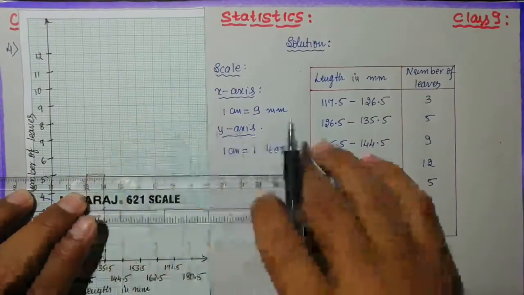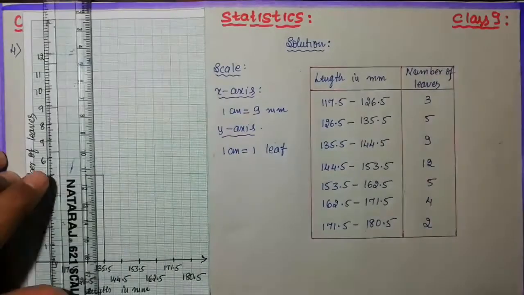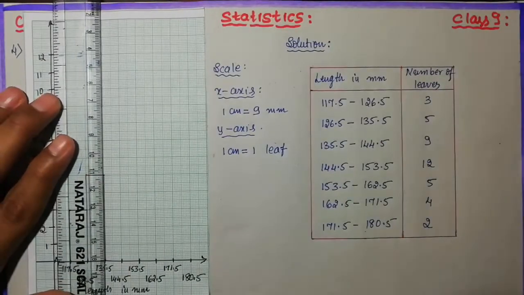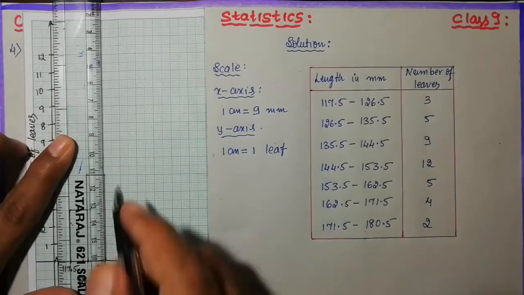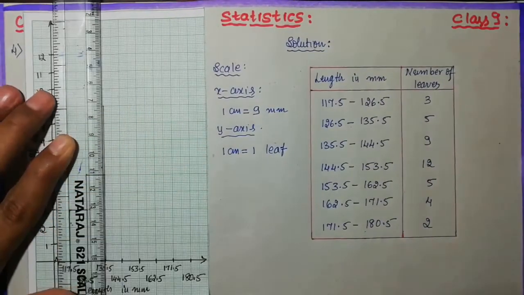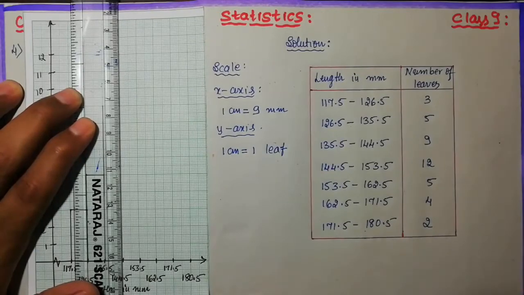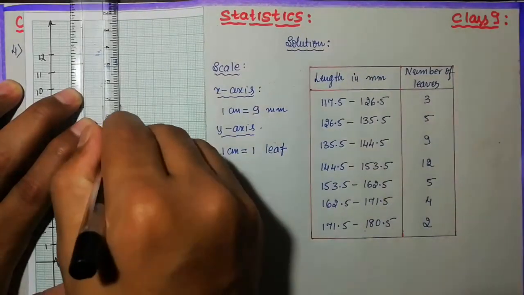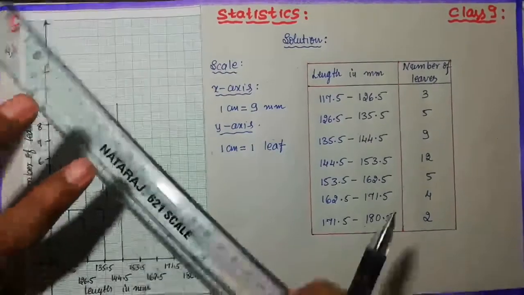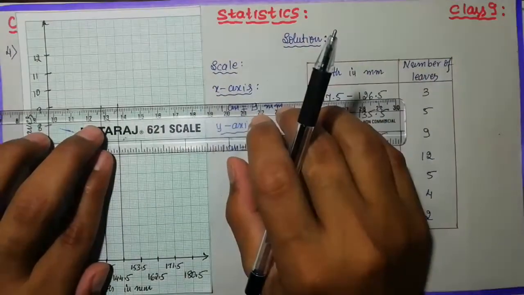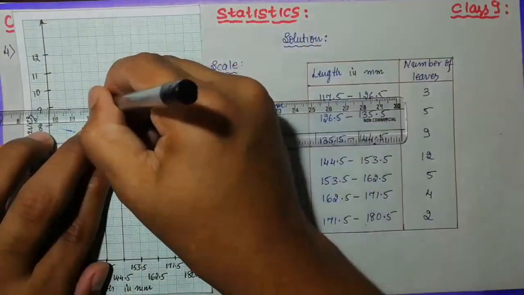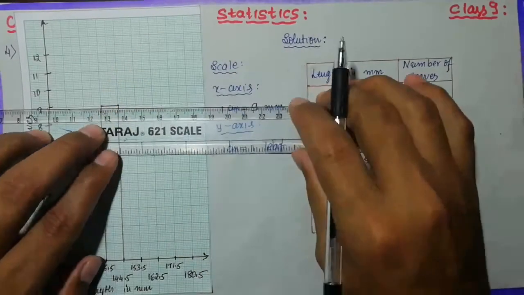So what is the next one? 9. 9 means you need to draw up to here. Okay, this is 9 and you need to close here. So this is the bar of frequency 9.